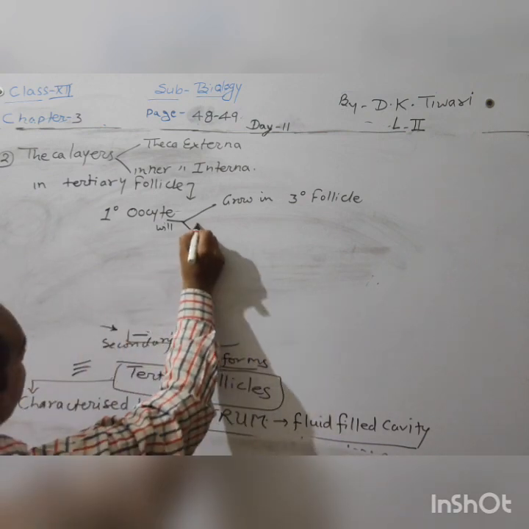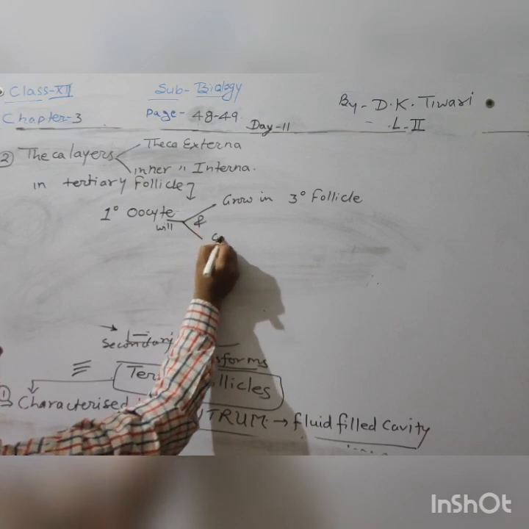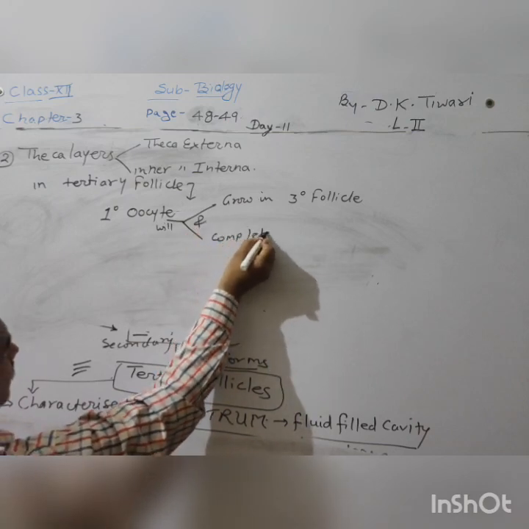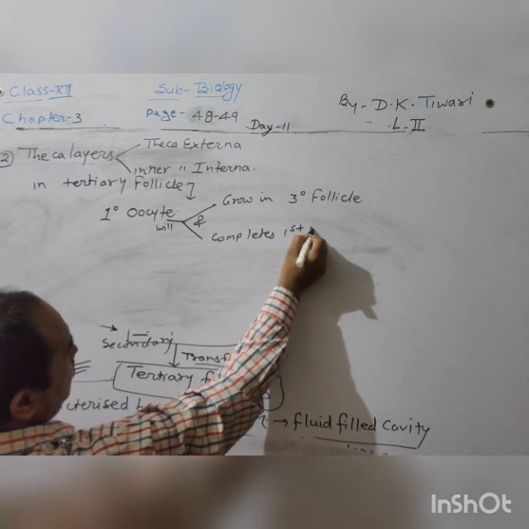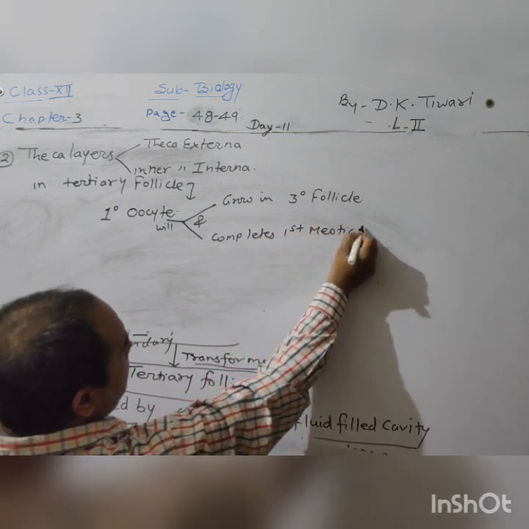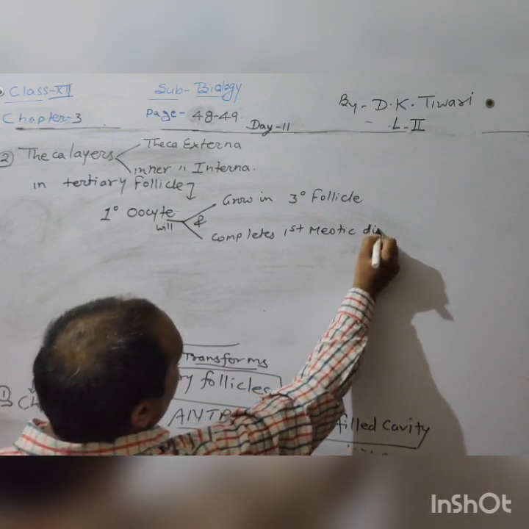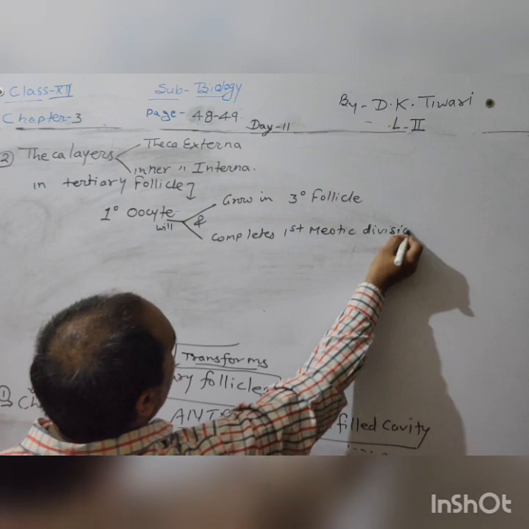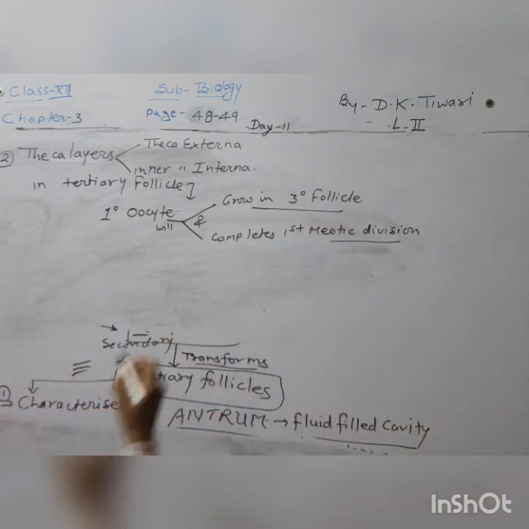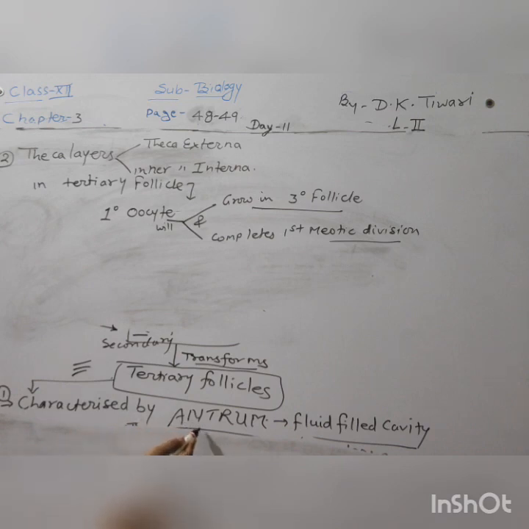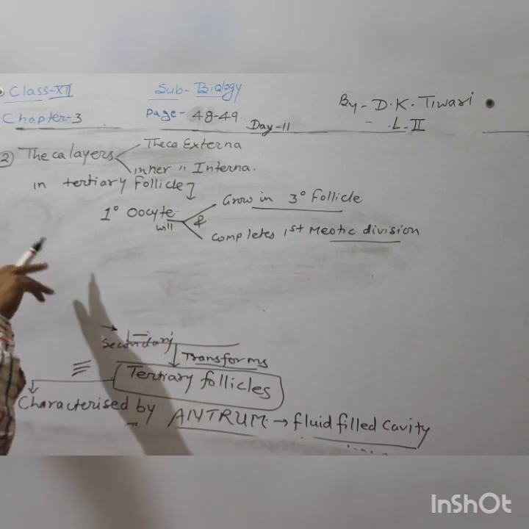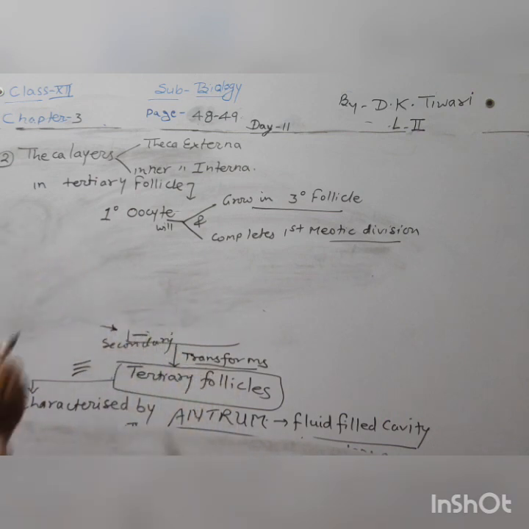complete its first meiotic division. So you will have to remember where the primary oocyte completes its first meiotic division: it completes its first meiotic division in the tertiary follicle, after the formation of the antrum or antrum folliculi, which contains liquor-like fluid, and then the making of the external and internal layers, that is theca externa and theca interna.